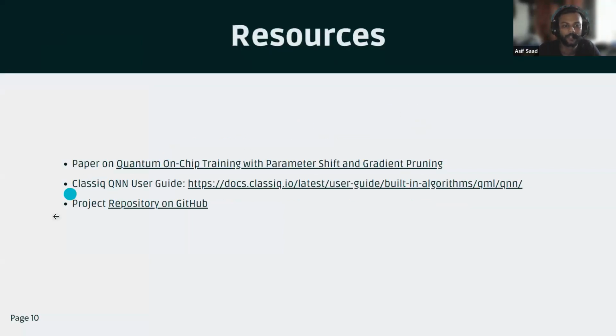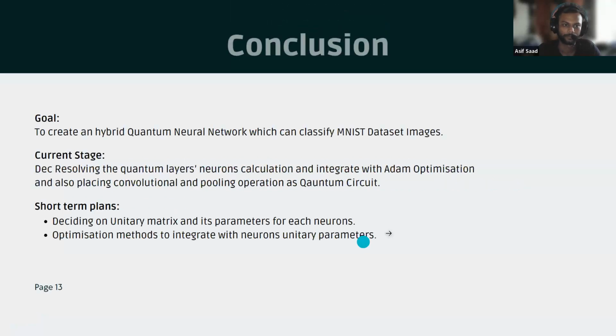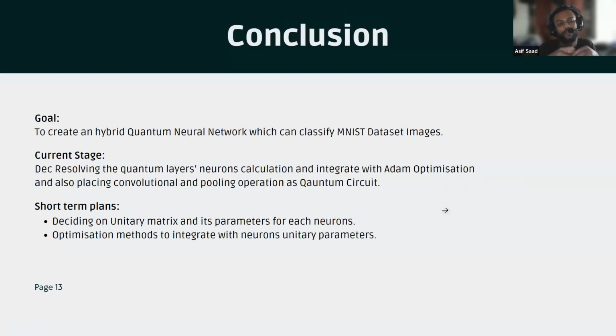Those are the resources that we have been working on, and there are other papers that we have taken into account to discuss the encoding scheme, but we didn't bother adding them to the resource board. Our main goal is to classify the MNIST dataset with a hybrid quantum neural network.